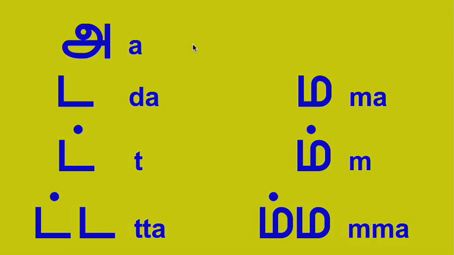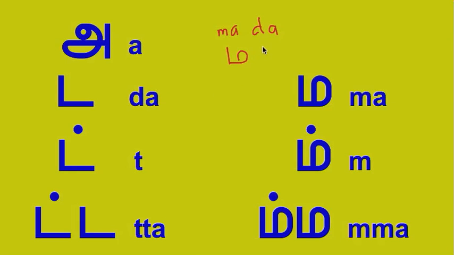Alright, next I'm going to say a word and we'll try to write it. The word is madam. So the first letter in the word, ma, which we'll write as ma here. Second letter, da.